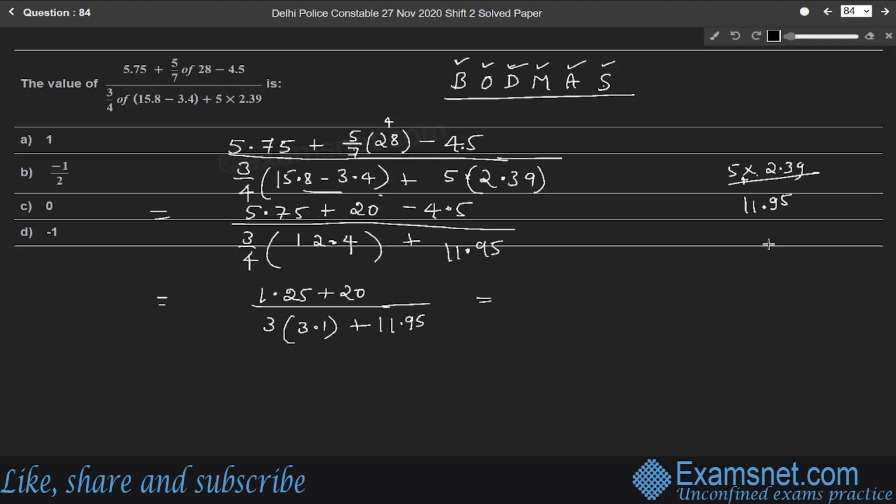So which is equal to 21.25 divided by 9.3 plus 11.95, right? So which is equal to 21.25 divided by 21.25. So the answer is 1. Therefore, option A is the right answer.